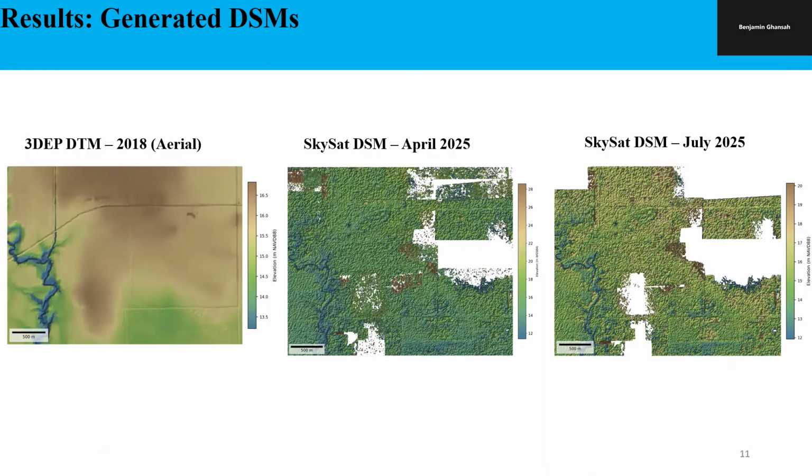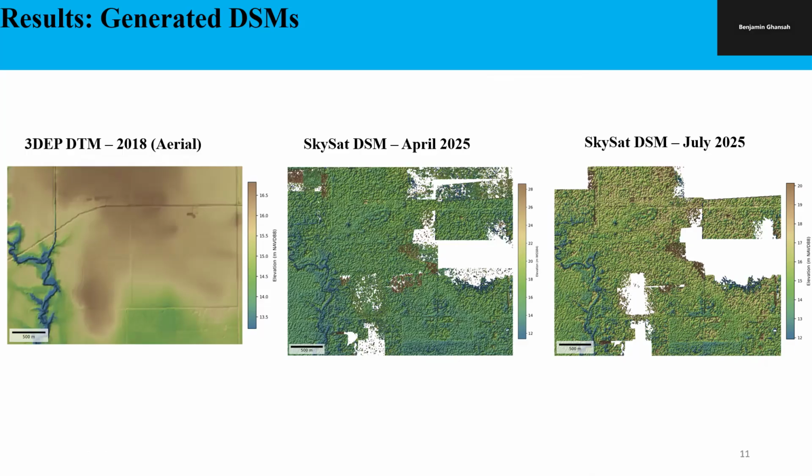So the first result is the generated surface dataset for the 3DEP. That's on the left. You can see that it's the pure DTM with all the features cropped out.